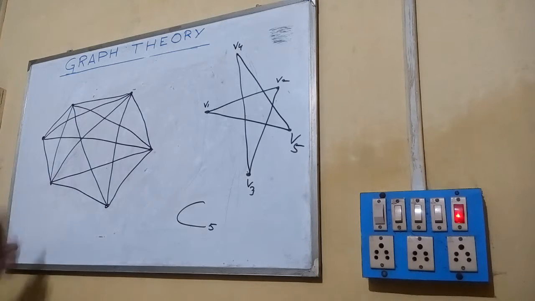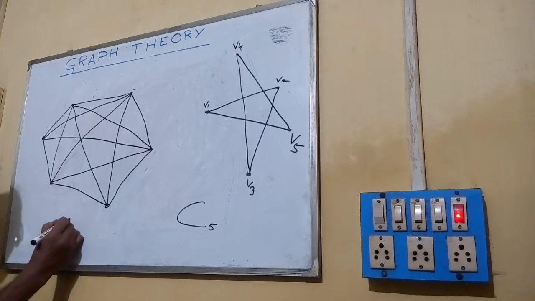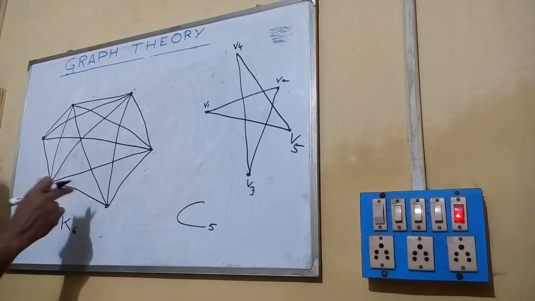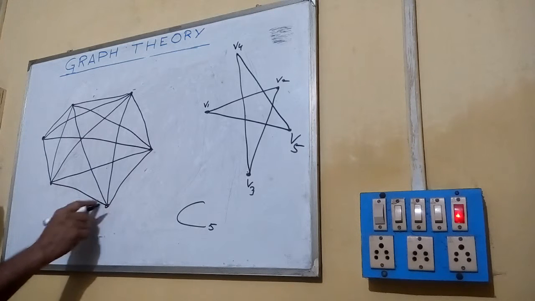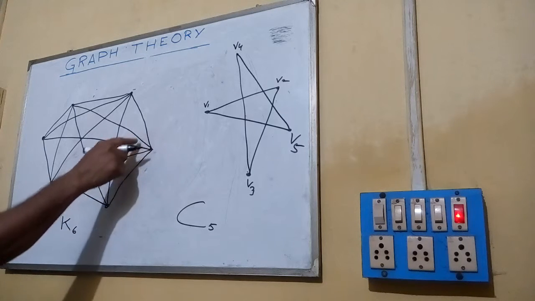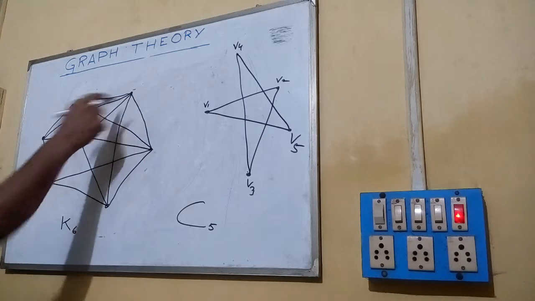First of all, it's a complete graph. It's a complete graph of 6 vertices, and it is also regular. See, these vertices have degree 4. These vertices have degree 4.